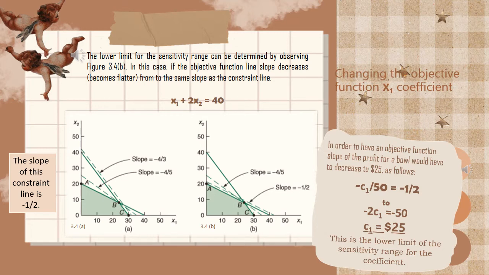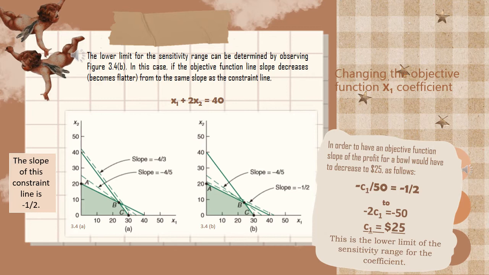Now the lower limit for the sensitivity range can be determined by observing figure 3.4b. In this case, if the objective function line slope decreases or becomes flatter from the same slope as the constraint line x sub 1 plus 2x sub 2 equals 40, then point A becomes optimal along with B, wherein the slope of this constraint line is negative 1 over 2.